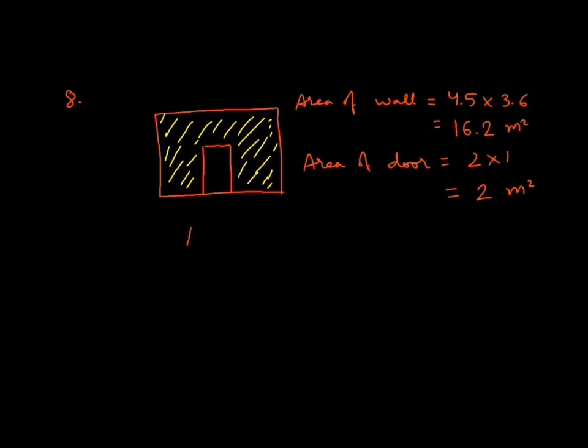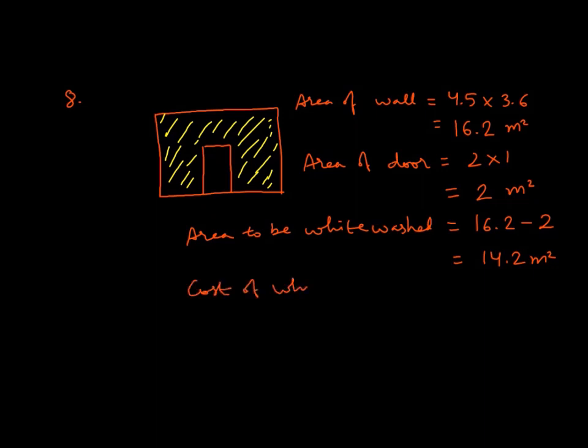So area to be whitewashed will come out as the difference between these two, 16.2 minus 2, which comes out to be 14.2 square meter. This is the area to be whitewashed. Cost of whitewashing 1 meter square is given as rupees 20.